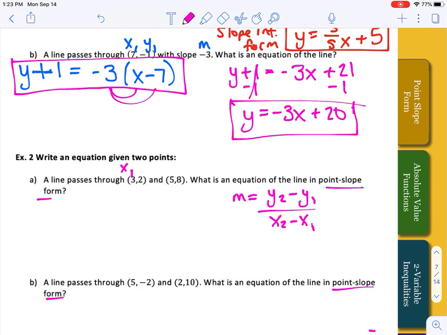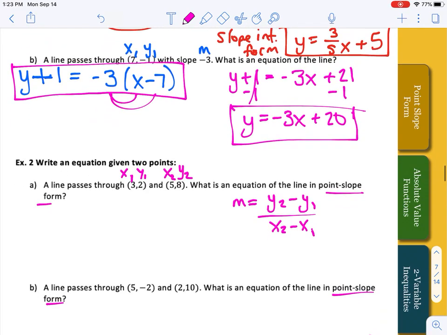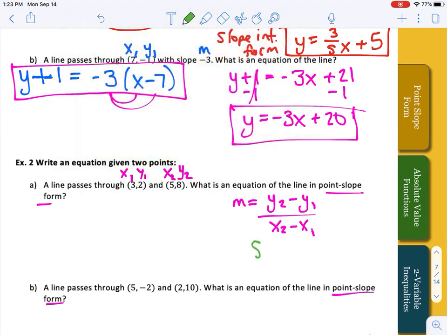Label our points. Plug them in. Eight minus 2 over 5 minus 3. We end up getting 6 over 2, or 3 as our slope.